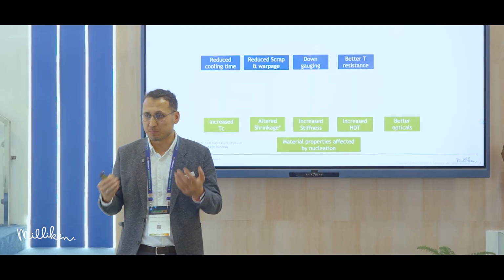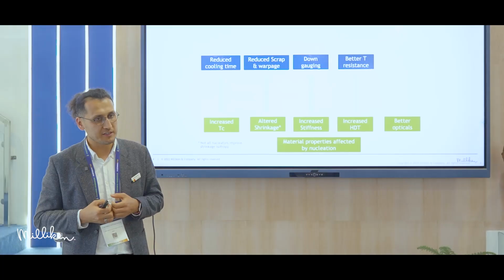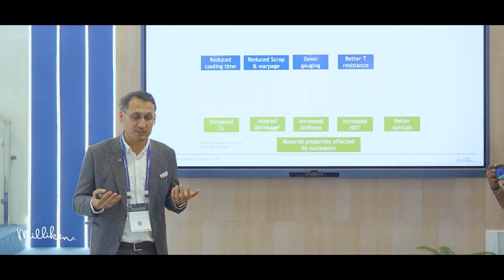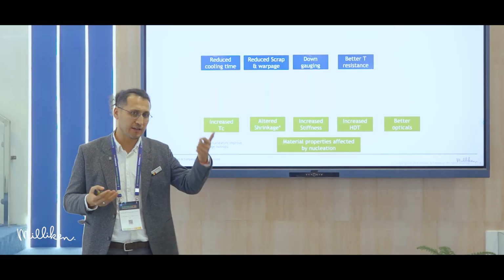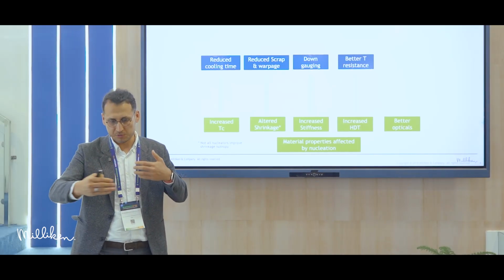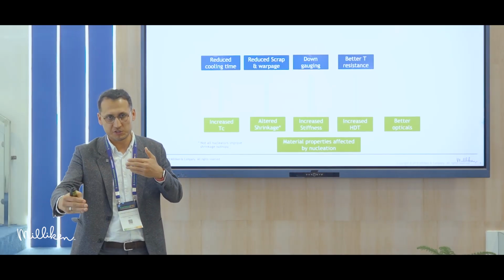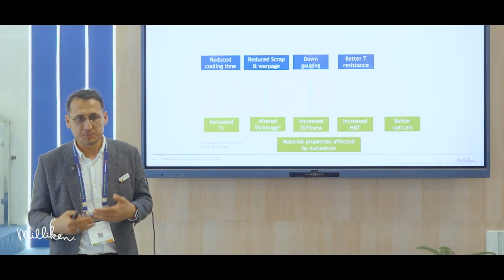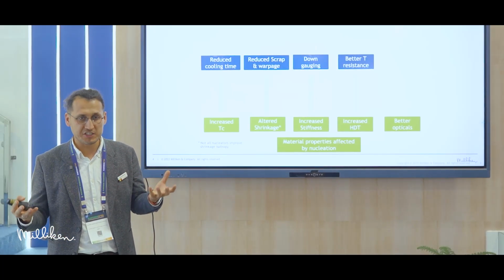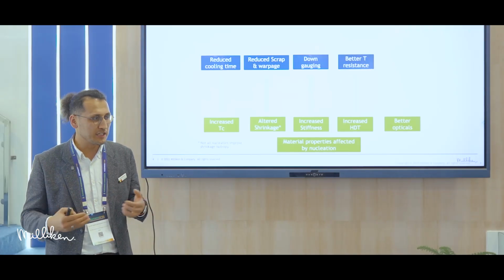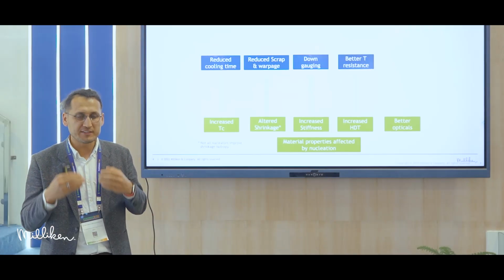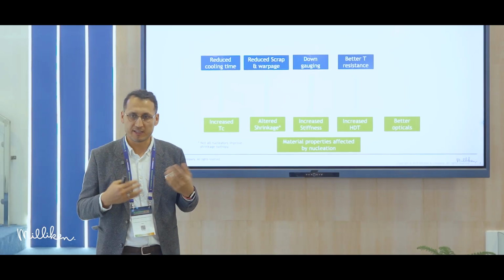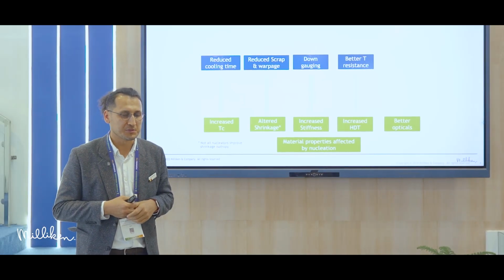HDT, heat deflection temperature, is becoming quite important. A lot of final parts are used in applications like automotive, close to combustion engines, where you need a heat deflection temperature. In some food applications, more and more people are using plastic packaging that goes directly into the microwave, and you need to withstand heat. So a higher heat deflection temperature is definitely a clear value proposition.